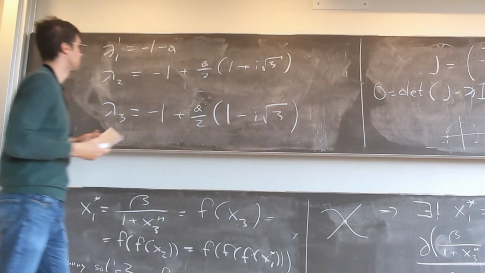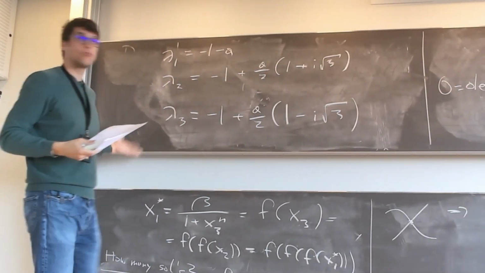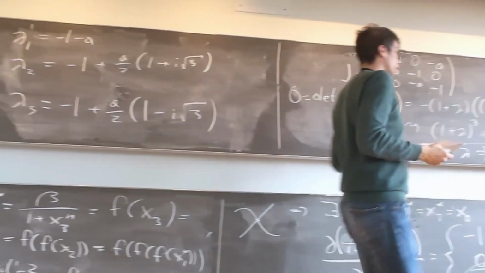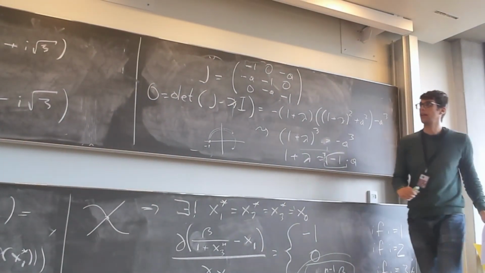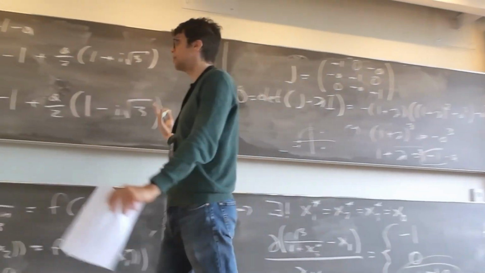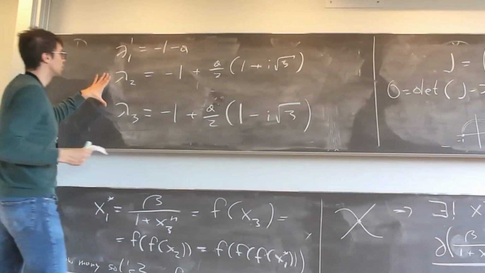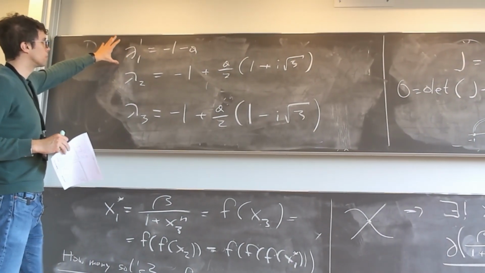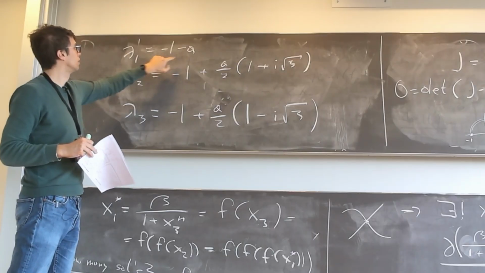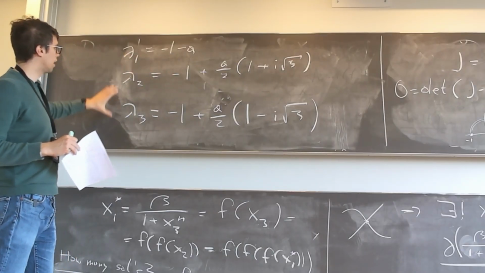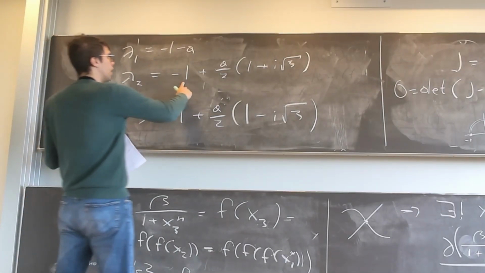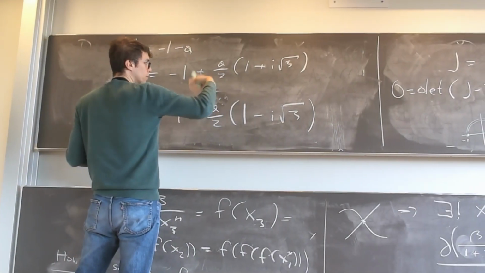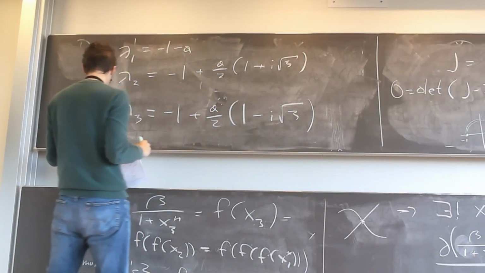Okay? So, if you remember what we need for maybe the existence of a limit cycle, if we're lucky, is we need to have the dominant eigenvalues, so the ones with the largest real part, and they will be lambda 2 and lambda 3, because this is very negative. This is the only one that has the possibility of a positive real part.